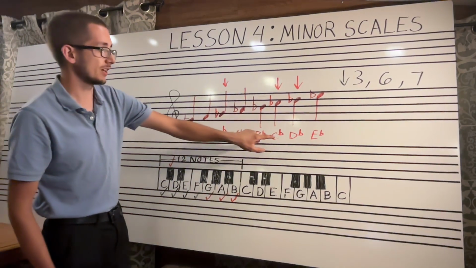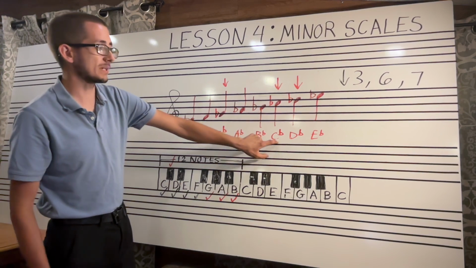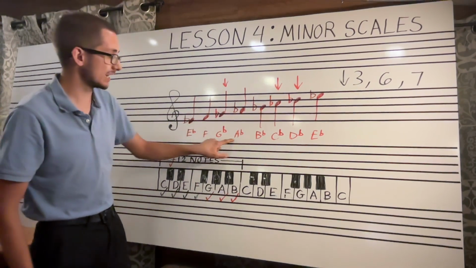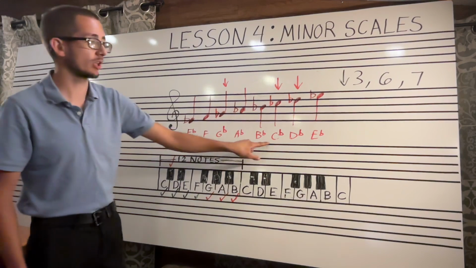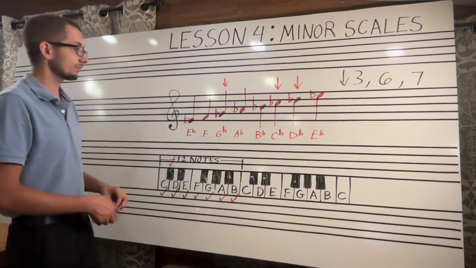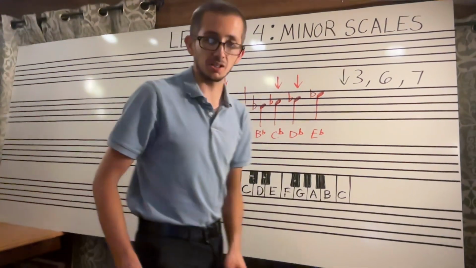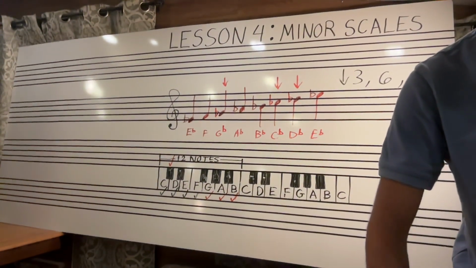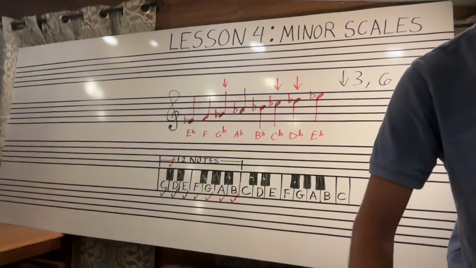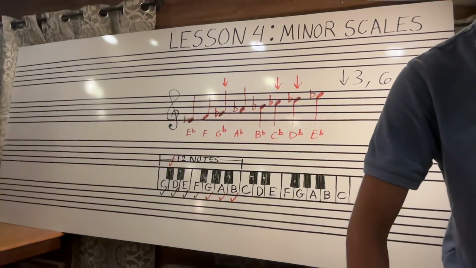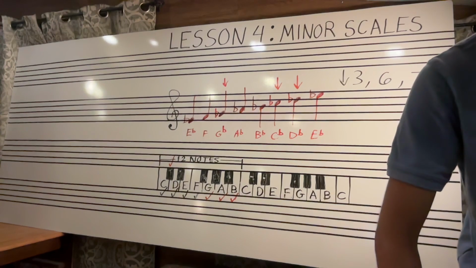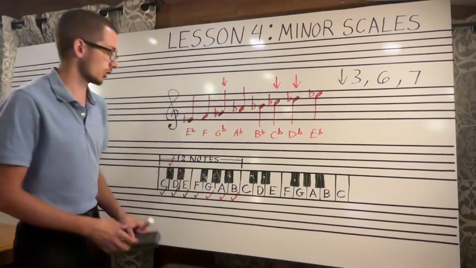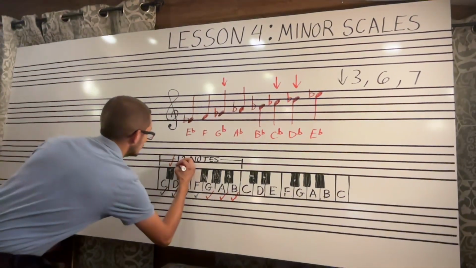So we need to have a C flat instead of a B natural in order to get every letter name in the musical alphabet in the scale. So the E flat natural minor scale sounds like this on the piano. That's our E flat natural minor scale.